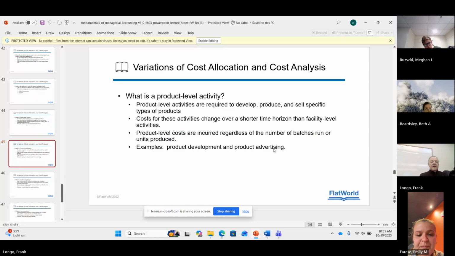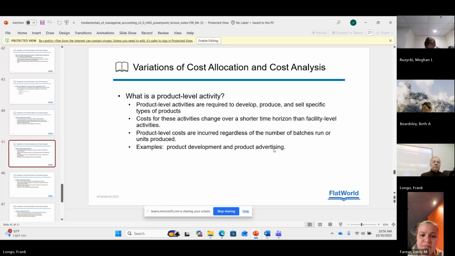The product level activities are those that are required to develop, make, and sell the products. And these costs are incurred regardless of how many batches we make or units that we make.